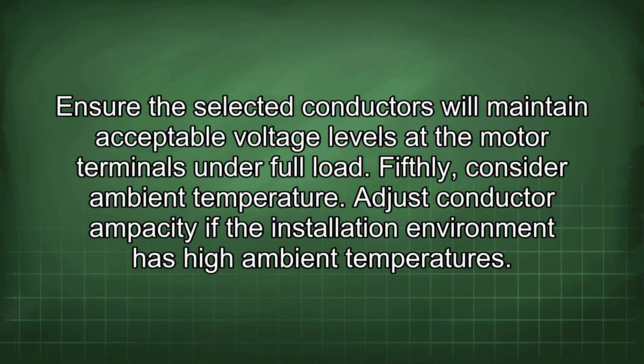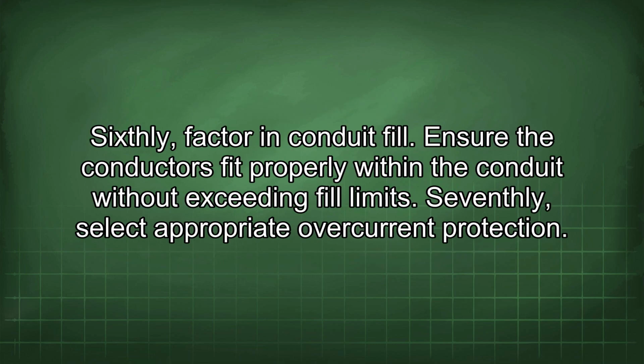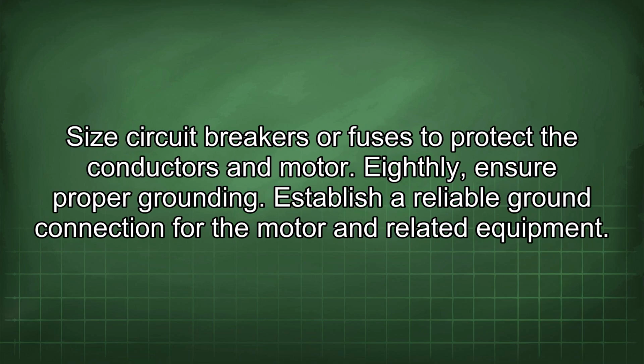Fifthly, consider ambient temperature. Adjust conductor ampacity if the installation environment has high ambient temperatures. Sixthly, factor in conduit fill. Ensure the conductors fit properly within the conduit without exceeding fill limits. Seventhly, select appropriate overcurrent protection. Size circuit breakers or fuses to protect the conductors and motor.